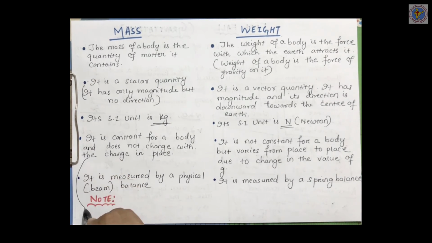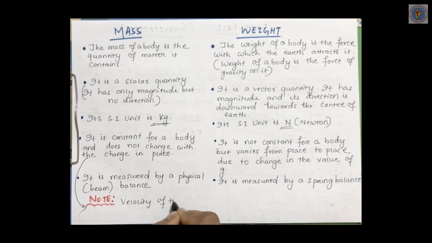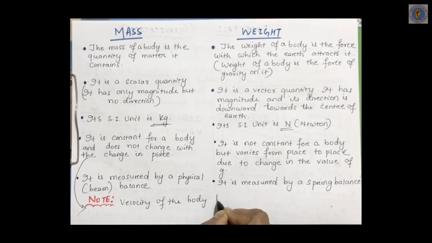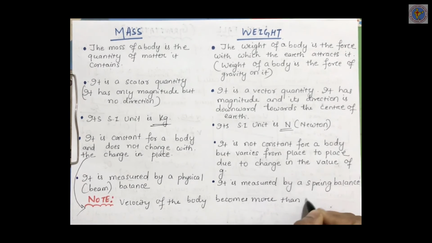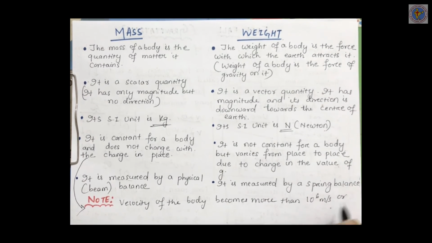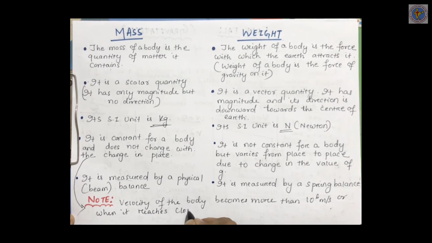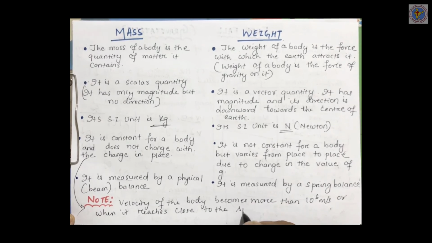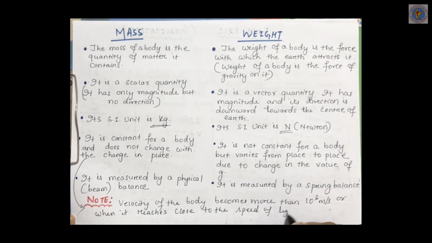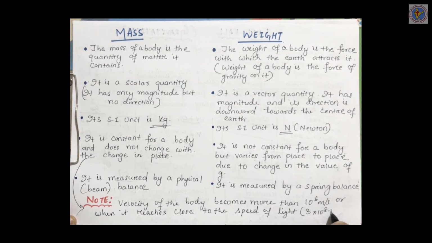Here one thing I want to tell you, children, is that generally the mass of a body is constant, but in some cases, like when the velocity of the body becomes more than 10 to the power 6 meter per second, or when it reaches close to the speed of light, what is the speed of light, children? 3 into 10 to the power 8 meter per second.